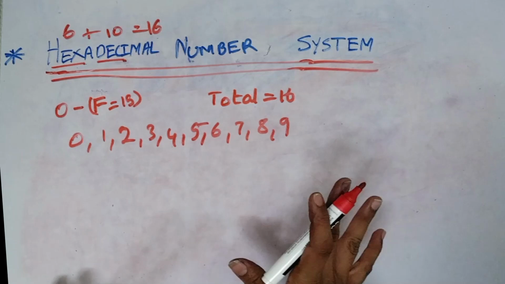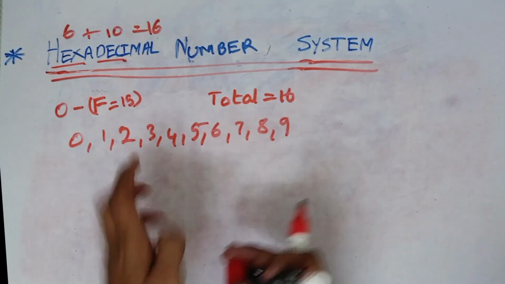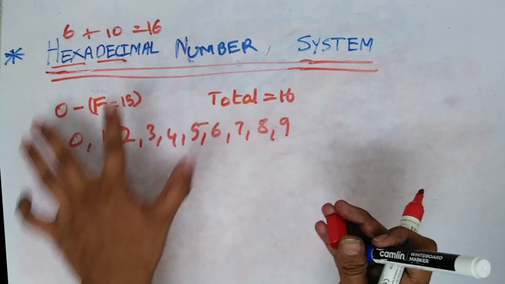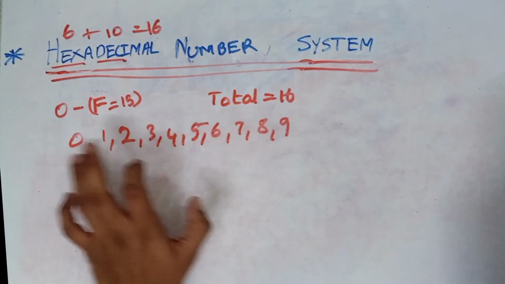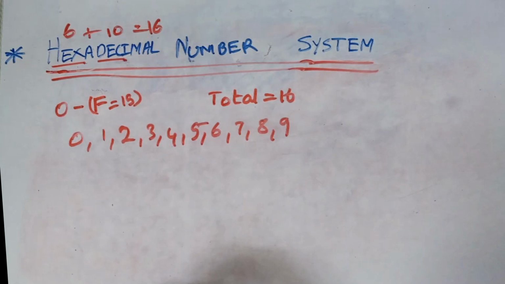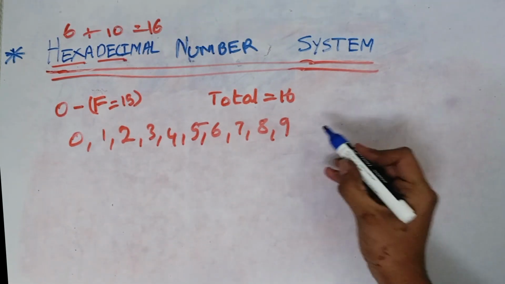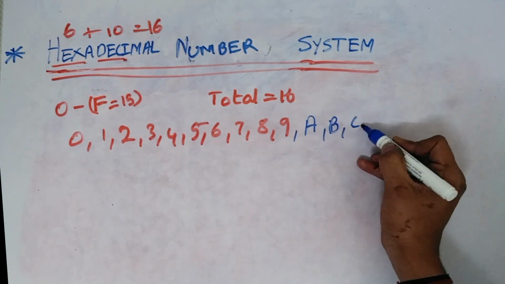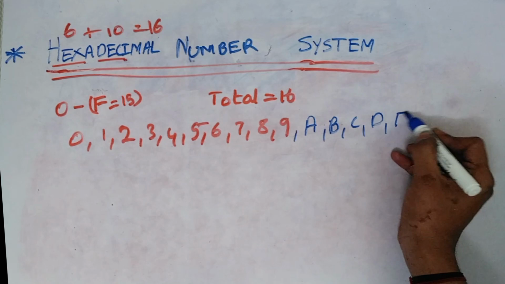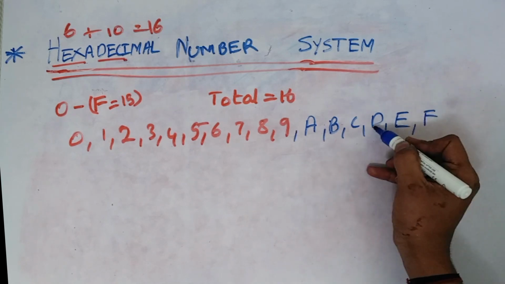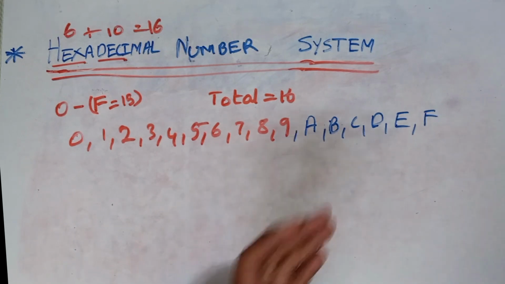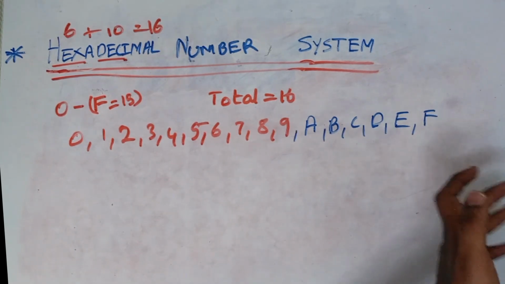Now stop here itself, because as I said earlier, the word hexadecimal itself contains decimal, so there will definitely be 10 numbers from 0 to 9, like the decimal number system. Now here's the difference: further we will write A, B, C, D, E and F. You might be shocked to see that among numbers we are adding alphabets.